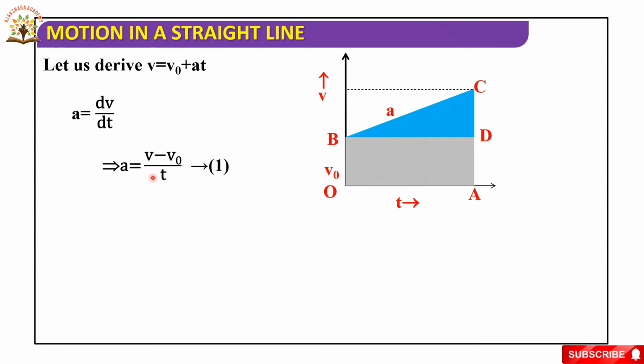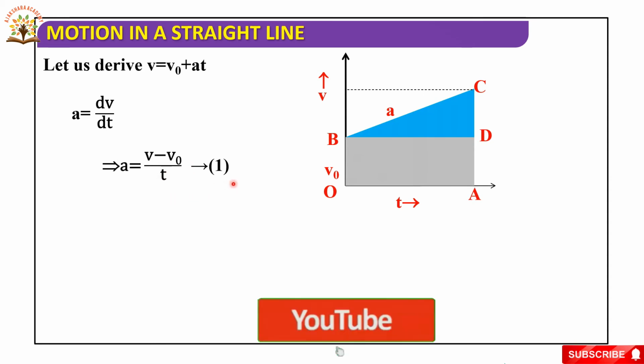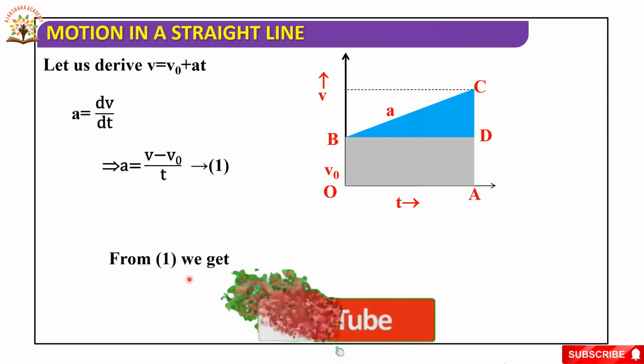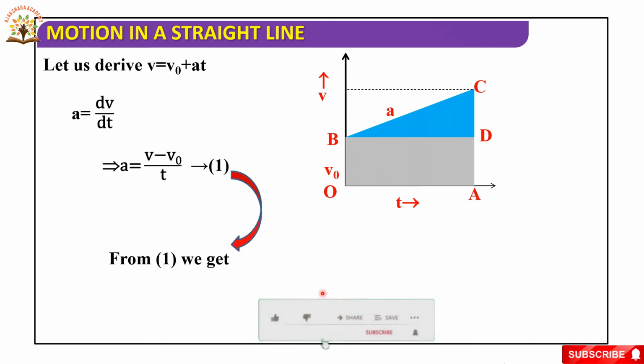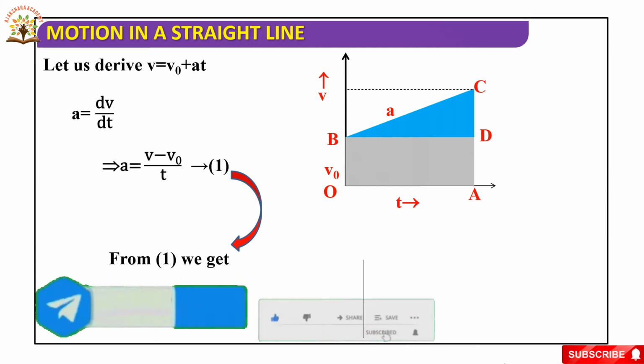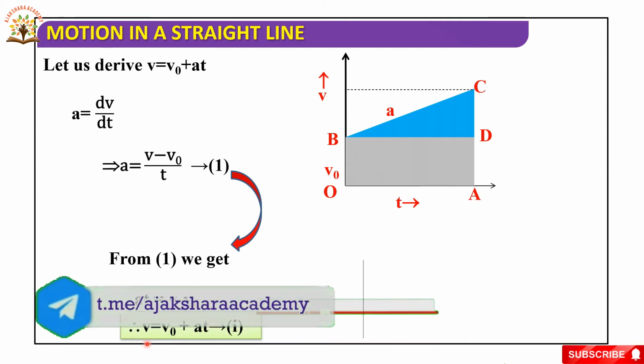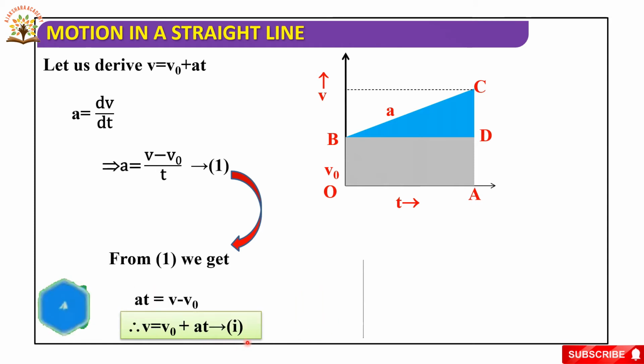Let us consider this equation number 1. From equation 1 we get v minus v naught is equal to, taking cross multiplication, a into t. So at is equal to v minus v naught. Therefore v is equal to v naught plus at. This is the first equation of motion.